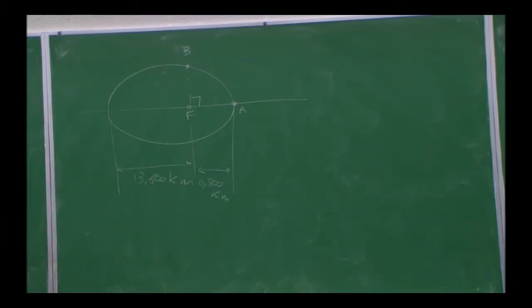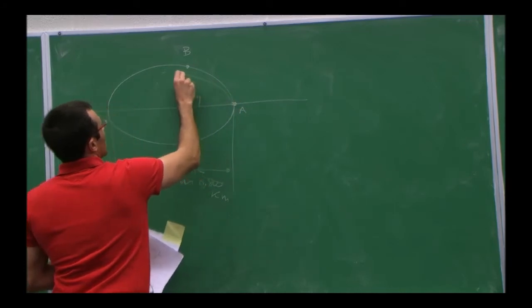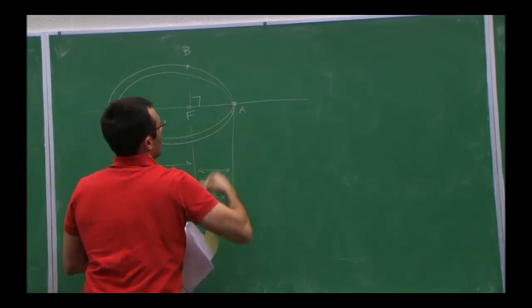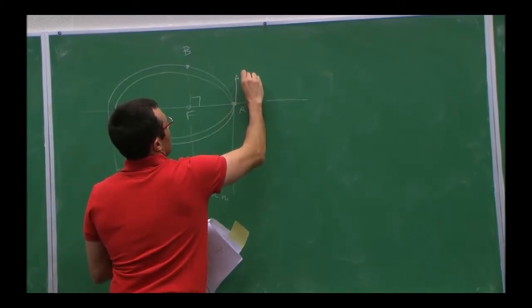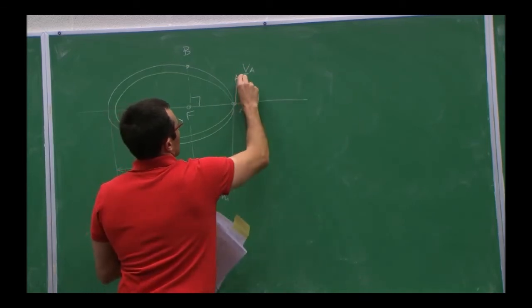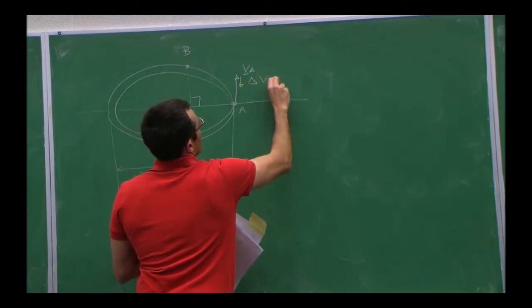So what I'll do is exactly what I said. I'm going to slow down, go on a smaller ellipse. So in other words, if this was my velocity in A, I'm going to apply some delta V here, okay?